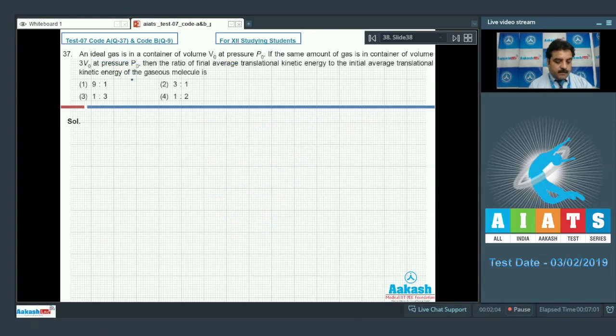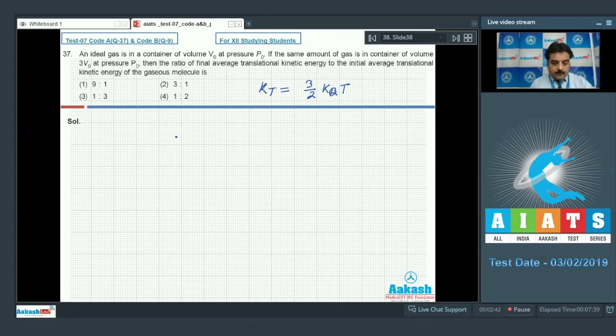In question number 37, an ideal gas is in a container of volume V0 at pressure P0. If the same amount of gas is in a container of volume 3V0 at pressure P0, then the ratio of final average translational kinetic energy to the initial average translational kinetic energy of the gaseous molecules is. We know that translatory kinetic energy is given by 3/2 Boltzmann constant and absolute temperature.